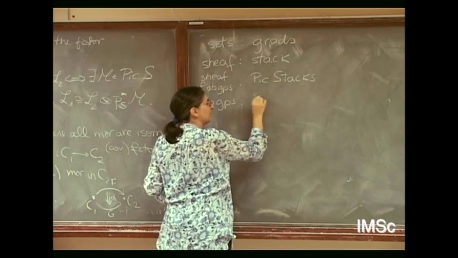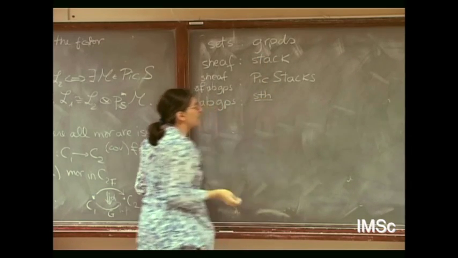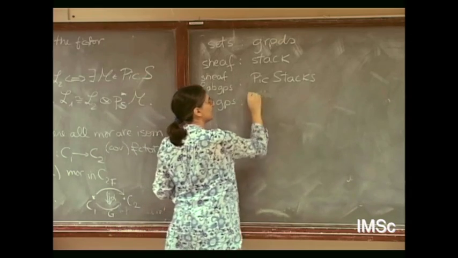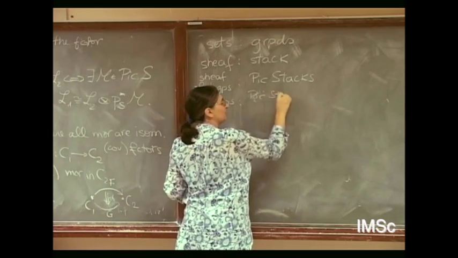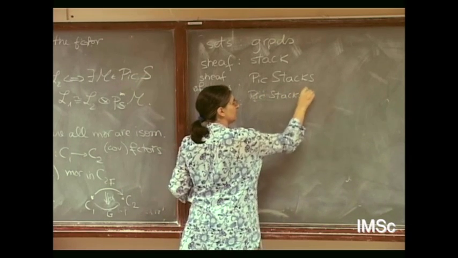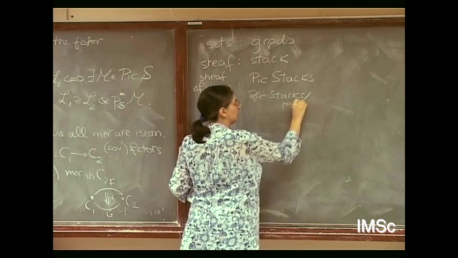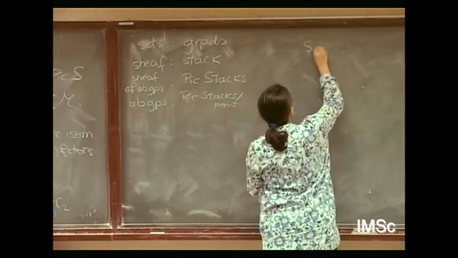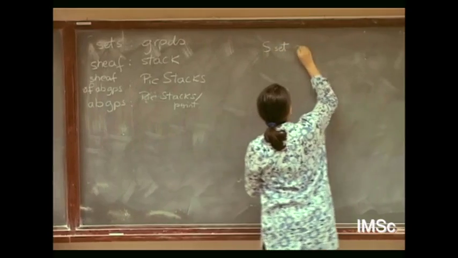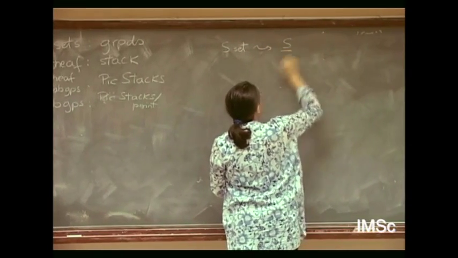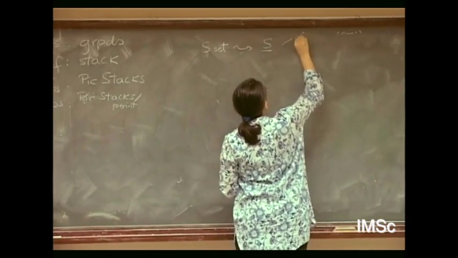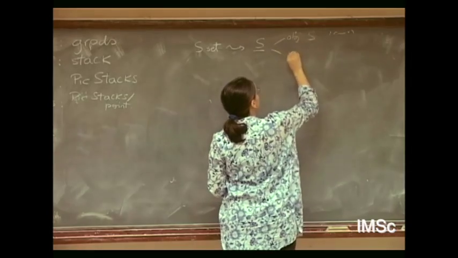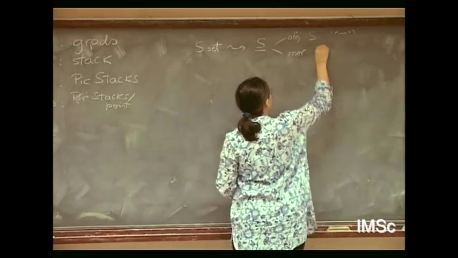So something here, for instance, is Picard stacks over a point. Remember, what I want to do is, if S is a set, I associate to it a groupoid S where the objects are S and the morphisms are all the identities.